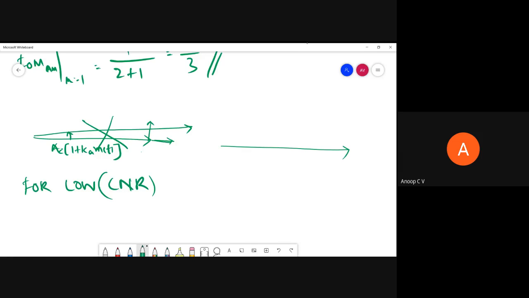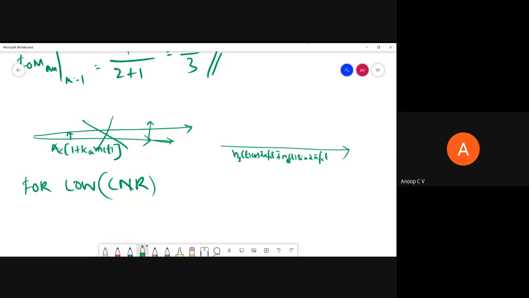This noise is ni of t cos 2 pi fc t minus nq of t sin 2 pi fc t.